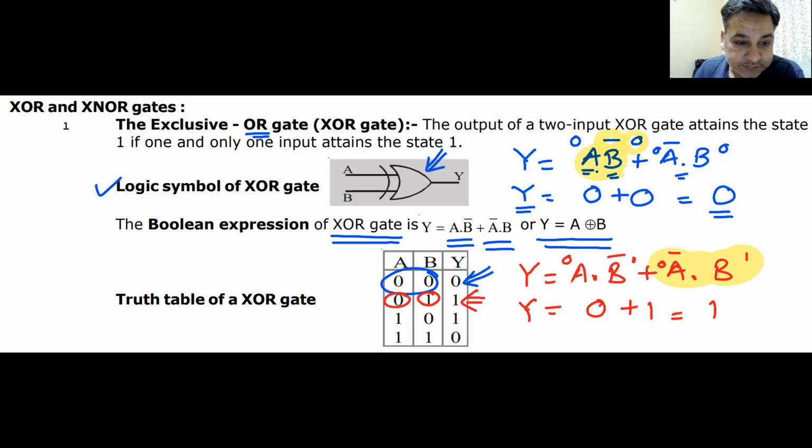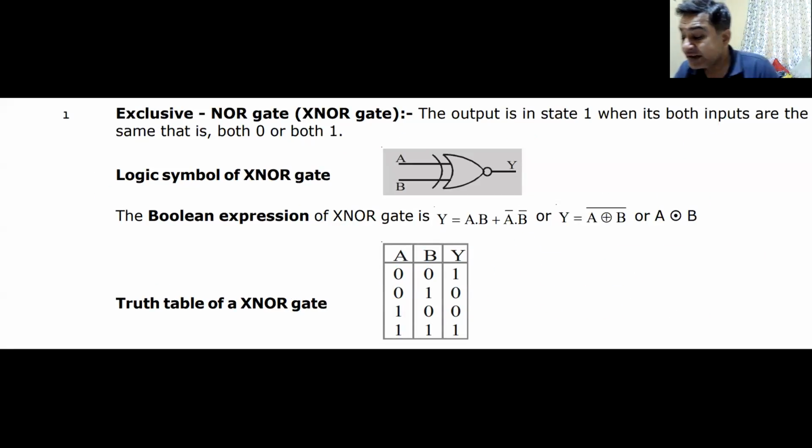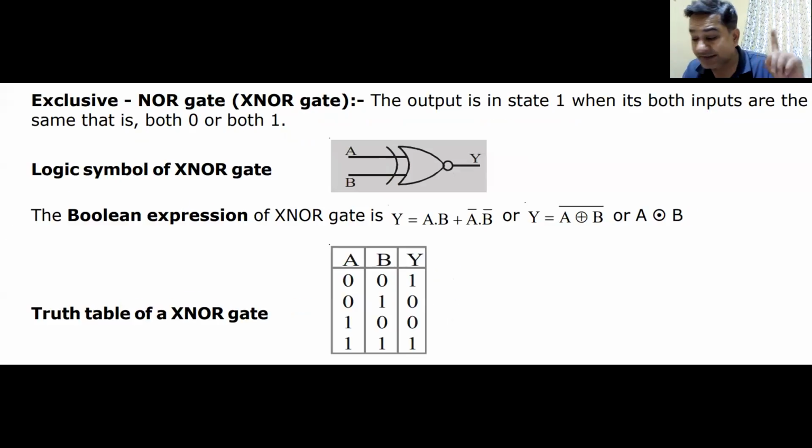Okay, this is the exclusive NOR gate. Just make it smaller. Exclusive NOR gate. And this is the symbol of this XNOR gate. The symbol looks exactly similar apart from one small symbol.